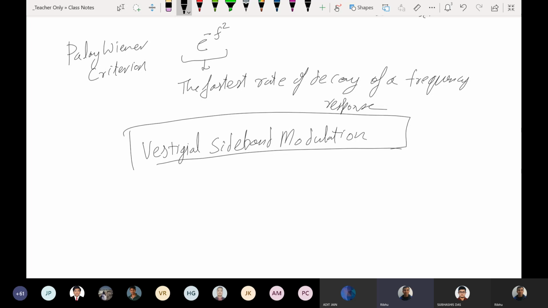What I can do instead is trade off the filter with something else. So the response of an actual bandpass filter looks somewhat like this, right?